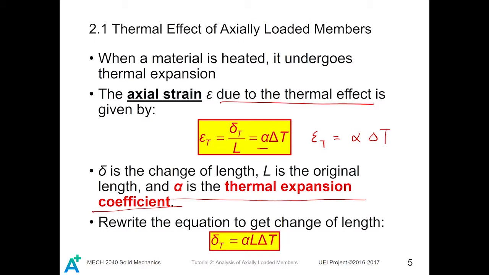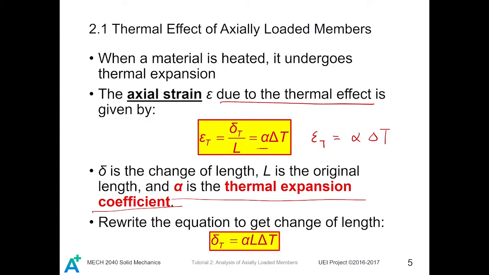Notice that the thermal expansion coefficient has a unit of degree to the power minus 1. So in the later examples, you will see something like 1.7 times 10 to the minus 7 per degree. It is the thermal expansion coefficient.